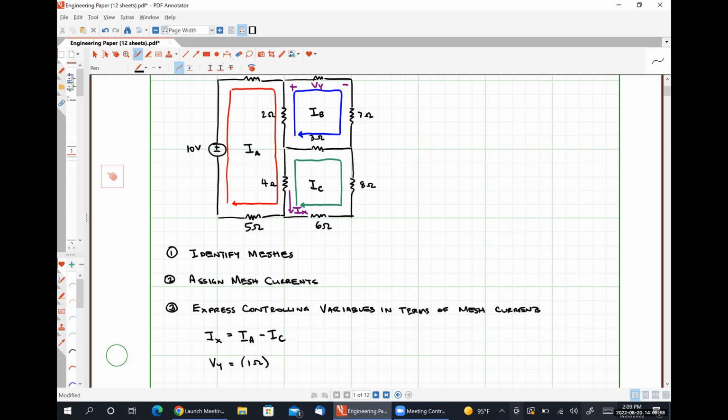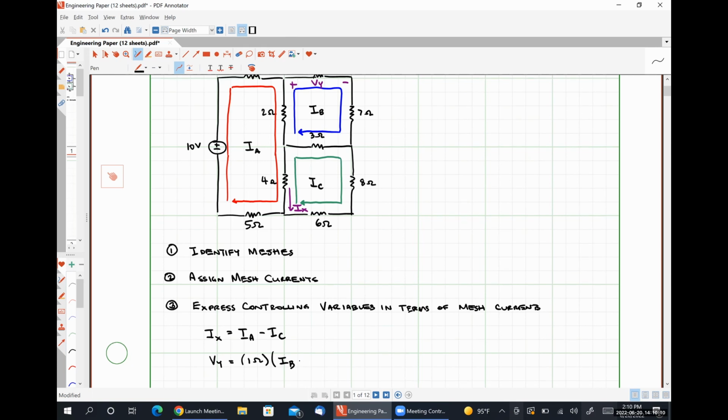The current flowing into the positive polarity terminal is IB, and there is no opposing mesh current flowing into the negative polarity terminal. So we would write that as IB minus 0, or simply 1 ohm times IB. So that's how we would define controlling variables in terms of our mesh currents.